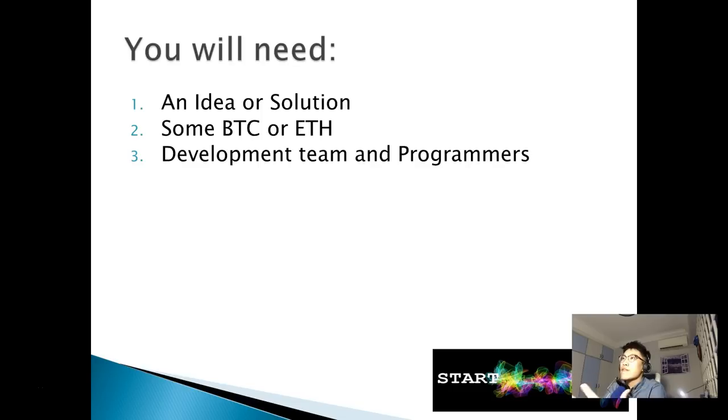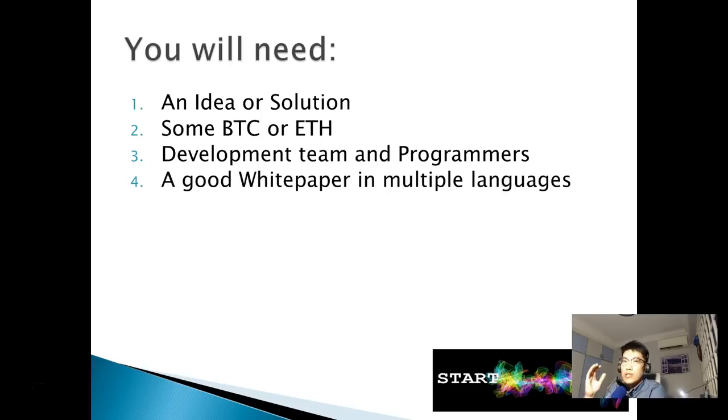Now that I've formed a good development team and programmers, what's the next step? The next step is you need a good white paper in multiple languages in PDF form. Now, this is the toughest step. Why? Because you need to think of something to write, and on top of that, you gotta find the right authors to do it for you. Some good places to find them are freelancers who write perfect English and can do a very good white paper.